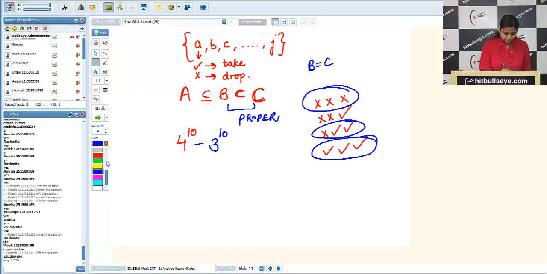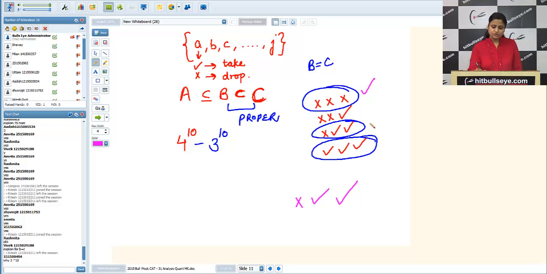See, suppose we are considering this: if X is an element of the universal set, X is belonging to B as well as X is belonging to C. If for every element this holds true, that every element of B belongs to C, then B must be equal to C. So we have to subtract those cases.